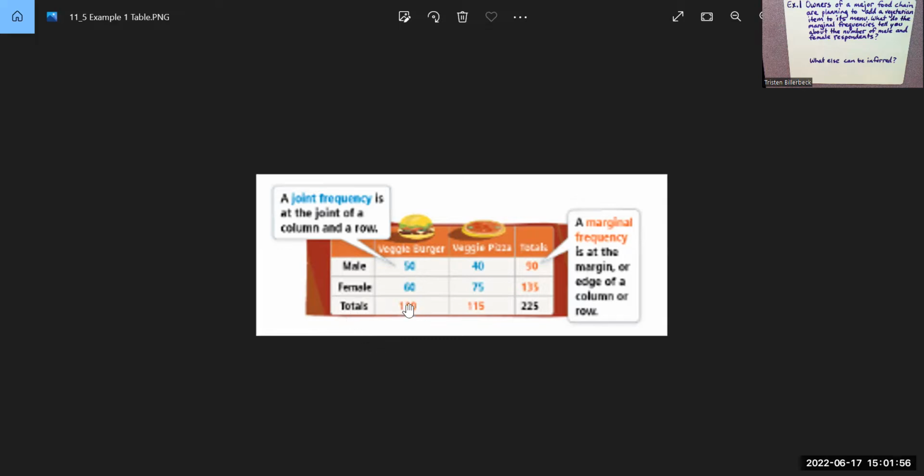This gives us the total amount of people who like the veggie burger, and this gives us the total amount of people who like the veggie pizza. So 115 like the veggie pizza and 110 like the veggie burger. So it's pretty evenly split right here.